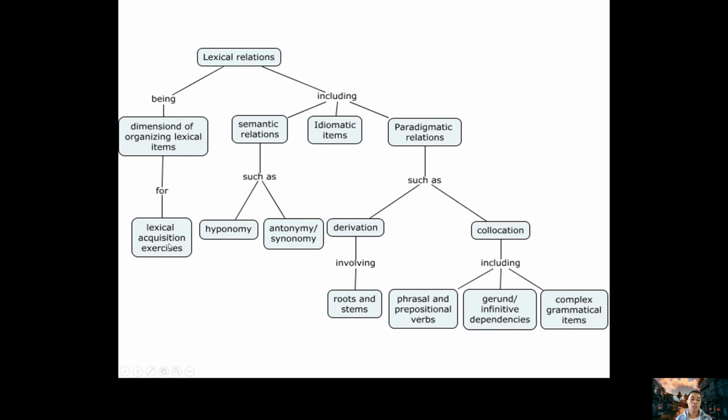Lexical relations also include semantic relations, such as hyponym, antonym, and synonym, and also idiomatic items and paradigmatic relations.